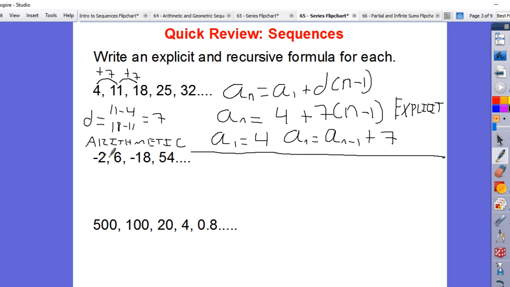All right, negative 2, 6, negative 18, 54. Are we adding by constant amount or multiplying by constant amount? Multiplying. So this is geometric. Hopefully we can test out patterns to see that we're multiplying, not adding. All right, so how do we find R?